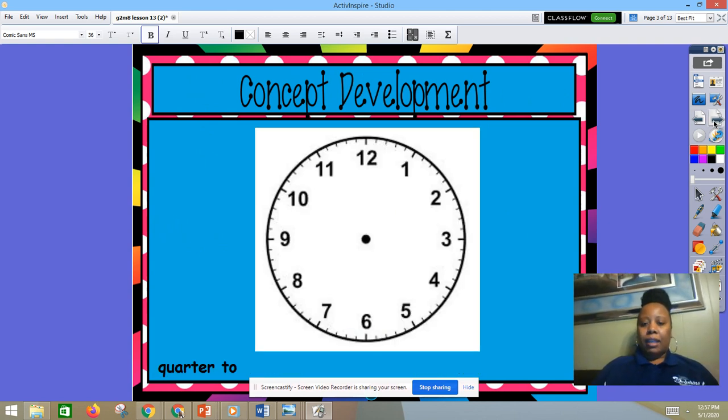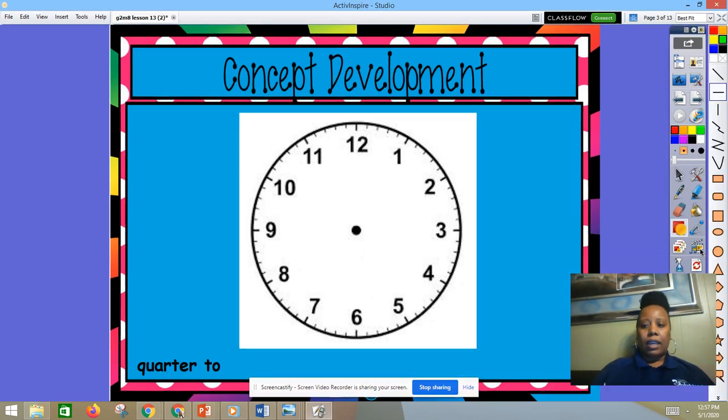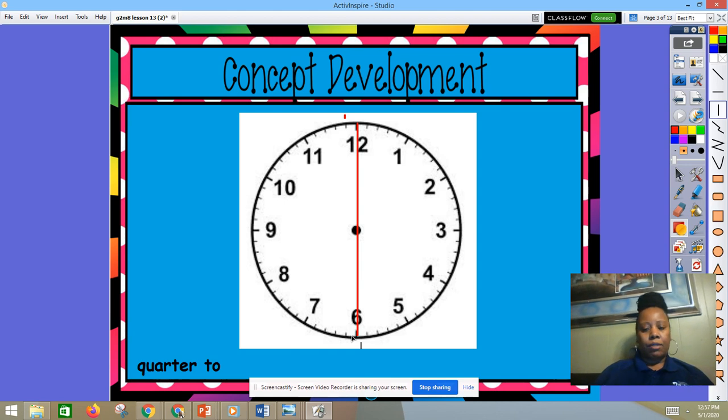All right, here's a blank clock. It doesn't have any hands on it. But what we're going to do, we're going to partition this clock into 4 equal parts. How many parts do we have now? If you said 2, you are right. We have 2 equal parts.